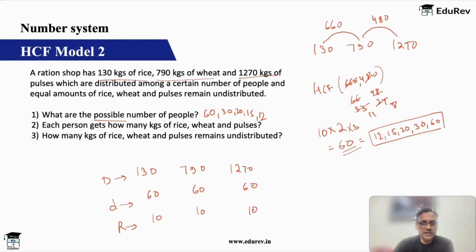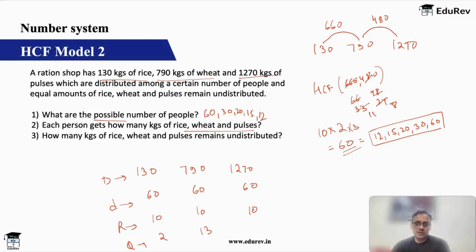Each person gets how many kg of rice, wheat and pulses? Again, this will depend on how many people there are. If there are 60 people, you can see 130 divided by 60. So now the question is finding out the quotient. Every person gets 2 kgs of rice. 790 upon 60 will be 13. Each person gets 13 kgs of wheat.